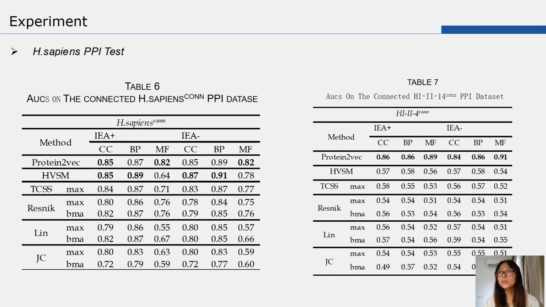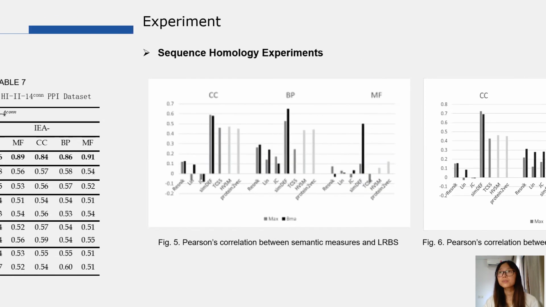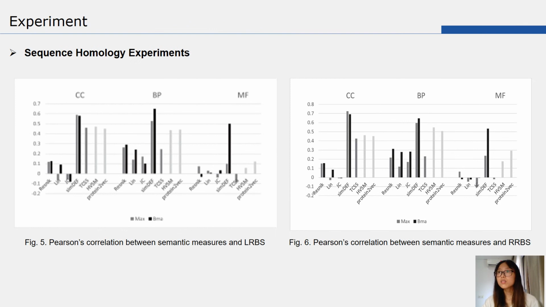We performed a similar experiment on the Homo sapiens PPI dataset. According to Table 6 and Table 7, protein2vec achieved competitive performance. We used the correlation with sequence similarity to test the performance of protein2vec and other methods. Our RSS scores in the sequence homology data reflect the sequence similarity.